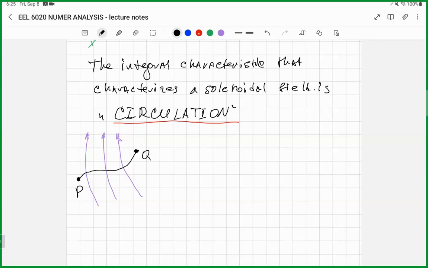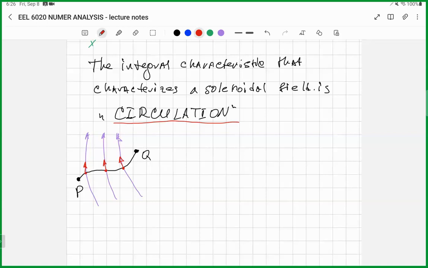And at each point of this trajectory, I get the field strength like this. And I want to know the total contribution of this field while I'm moving from the point P to the point Q. So now I'm moving along this line, and this is the path integral.